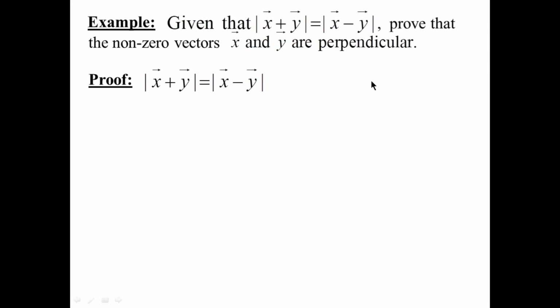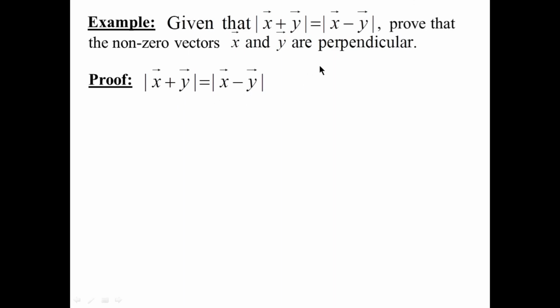Now, we're kind of stuck. I don't see any dot products. Something about perpendicular. Huh. Well, what you can do is you can inject a dot product into this by saying if I square magnitudes, I know that I'm dotting with itself.